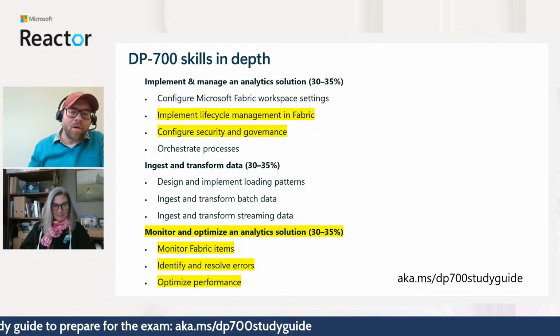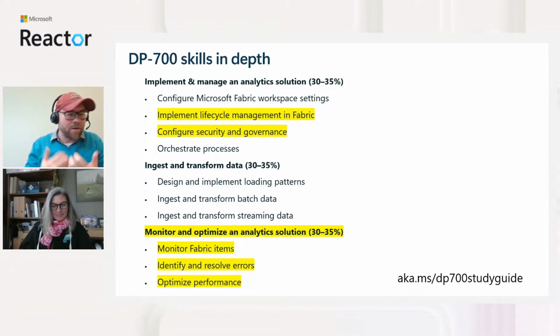We will talk about how to identify and resolve errors, which is a very important skill that the data engineer should have, right? Because there are always some kinds of errors you have to deal with. And another very important thing is optimizing performance, because as you all know, and we will cover this a little bit later, Fabric is charged on the capacity units, right?